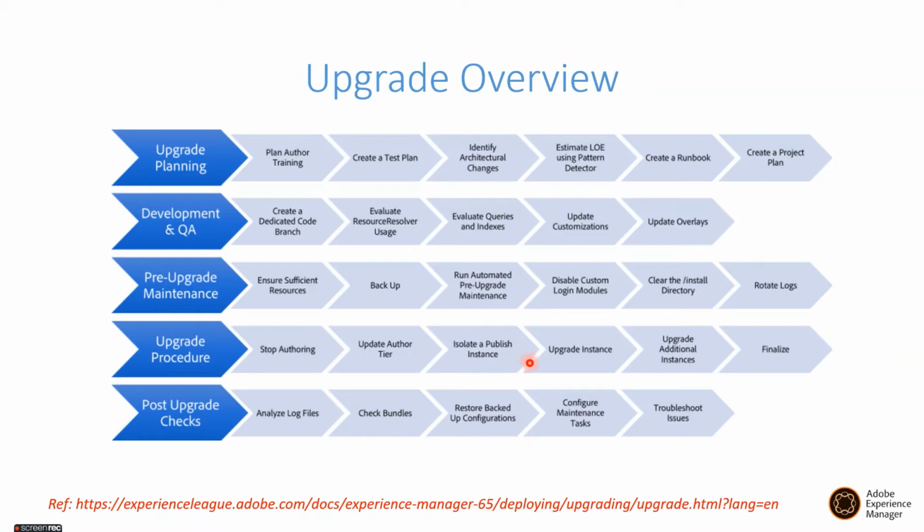Or you can do the upgrade by creating a new server, and then during go-live you can point your load balancer to the new server. Or you can also create another AEM instance inside the same server, so you can access it using a different port, and then during go-live you can switch the port. That is also doable.